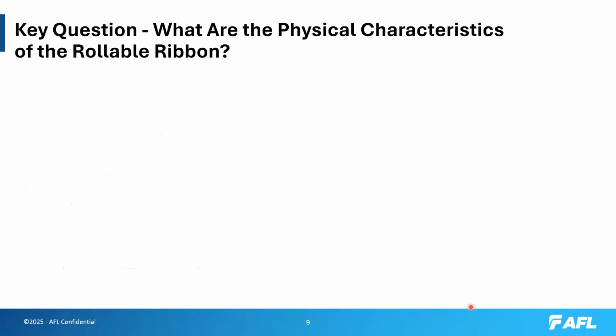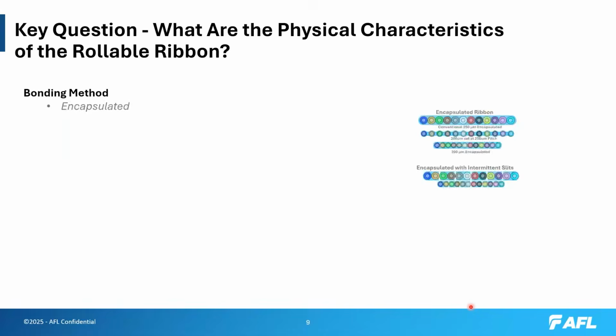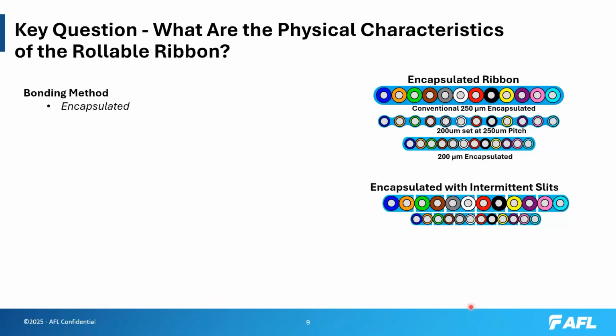Let's move into another key question. What are the physical characteristics of the rollable ribbon? Bonding methods. This really goes back to how those fibers are bonded together side by side. The first bonding method, and the one that has been used since 1990, is what we call an encapsulated ribbon or rigid ribbon.